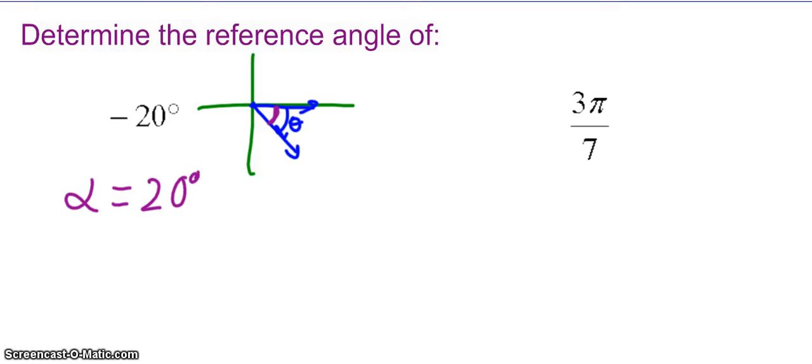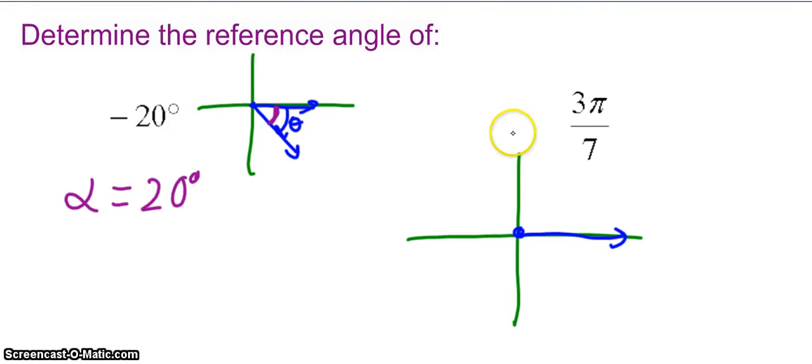How about 3 pi over 7? So 3 pi over 7, I have to think in terms of sevenths. Let me do this location so we're not mixing things up. If my initial side is here, I know that this is 7 pi over 7.